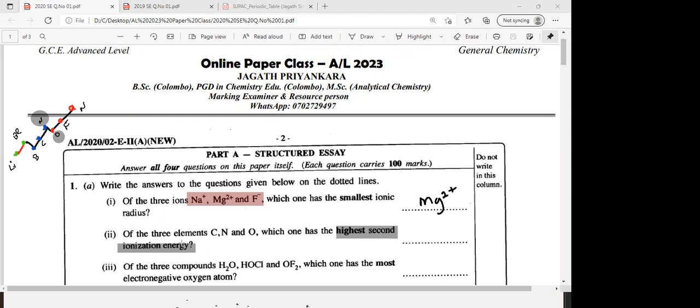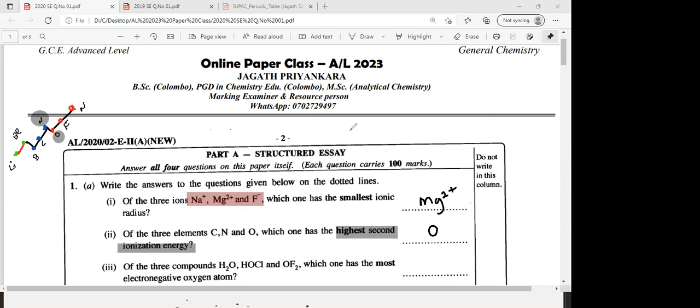Not the first. They are not asking the first ionization, they are asking the second ionization energy. Then the answer will be oxygen, not nitrogen. Sorry about that.